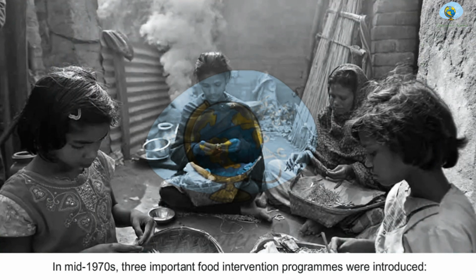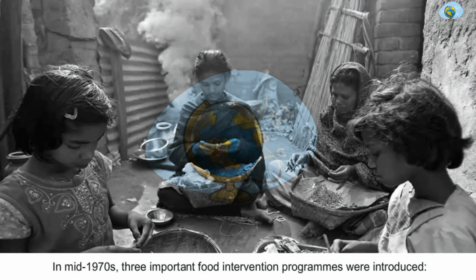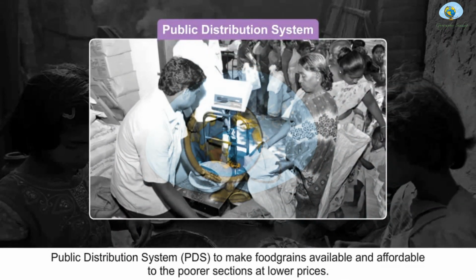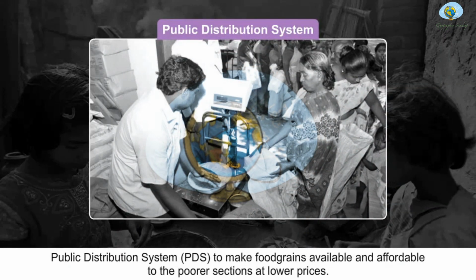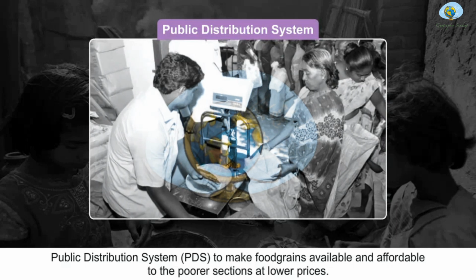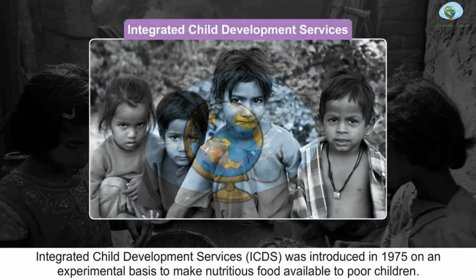In the mid-1970s, three important food intervention programs were introduced. 1. Public Distribution System (PDS) to make food grains available and affordable to the poorer sections at lower prices. 2.